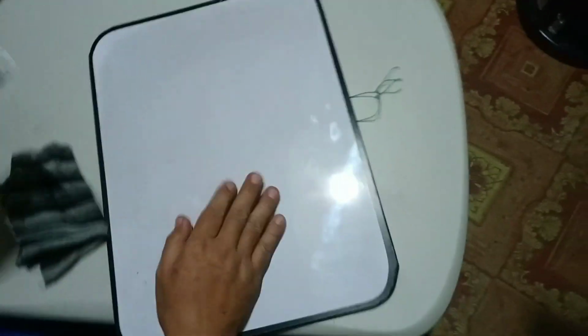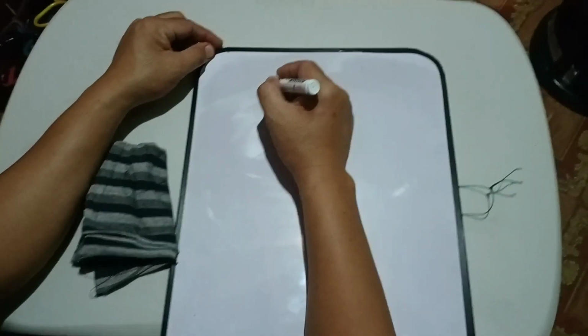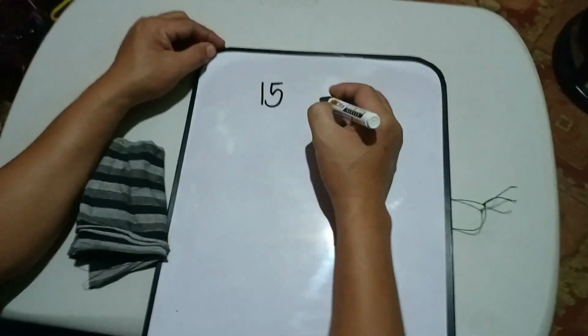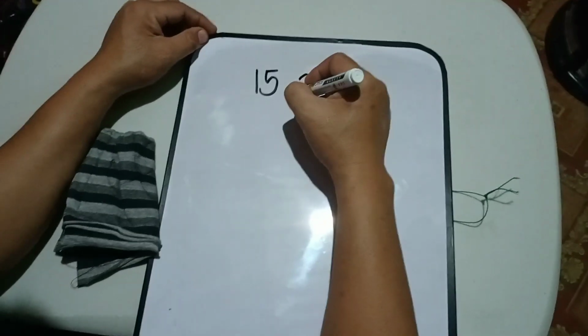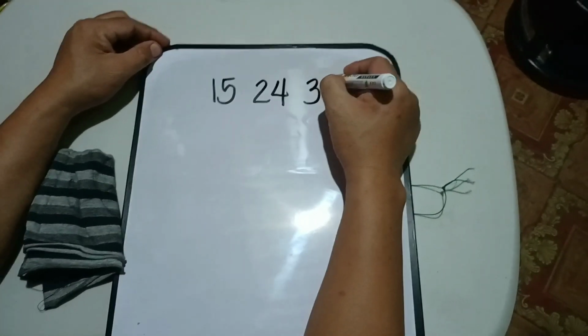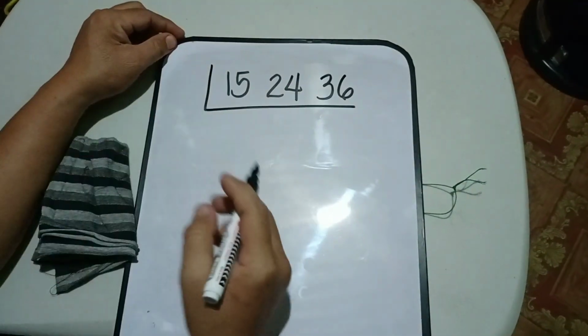So, let's say you have to find the GCF and LCM of the three numbers. 15, 24, and 36. Okay. Meron bang common factor ang tatlo?